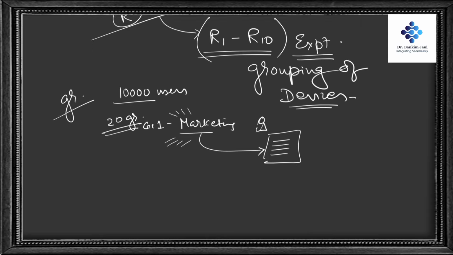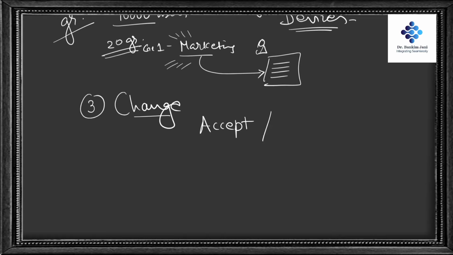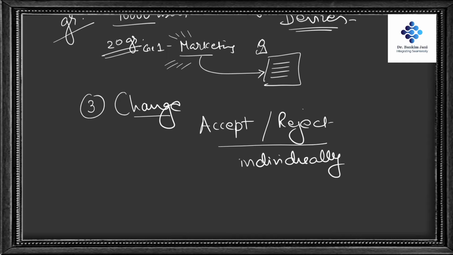Well, this is good, but then we said yes, we want something more. We want that whenever a change is made, we should be able to enjoy the right to accept or reject, and this should be individually on every device.